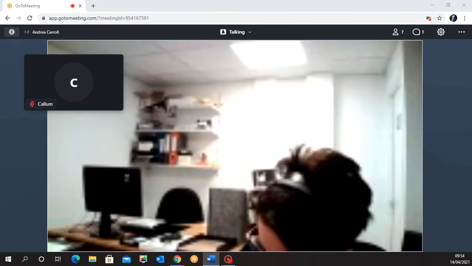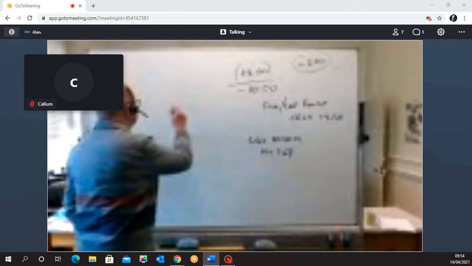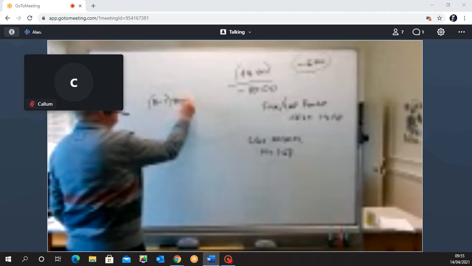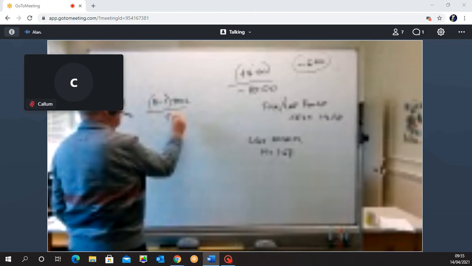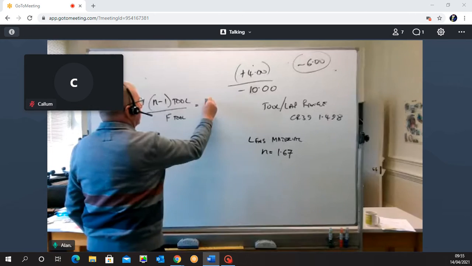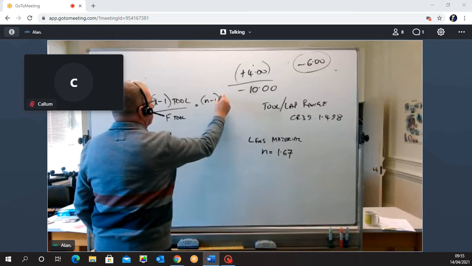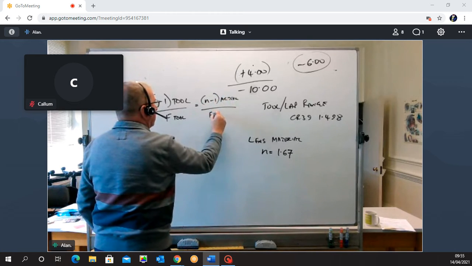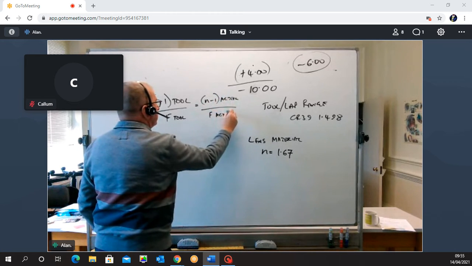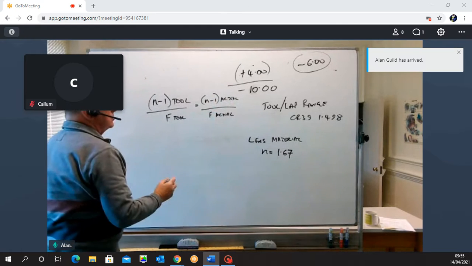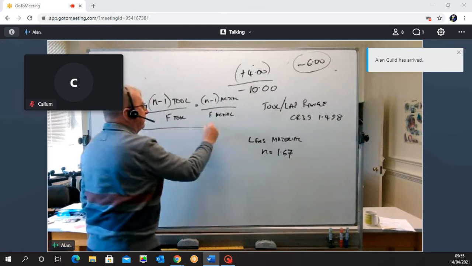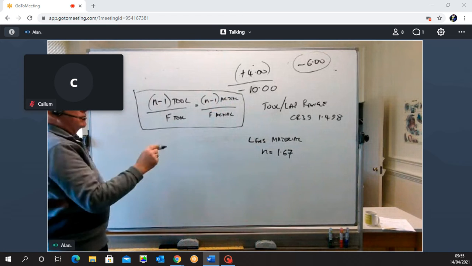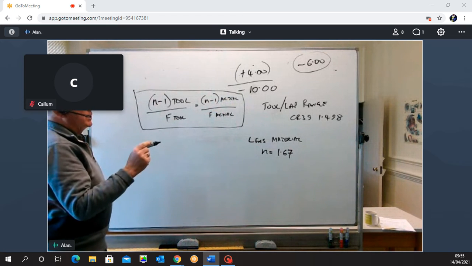So the equation you use is the one I said earlier: n minus 1 of the tool over F of the tool is n minus 1 of the actual material over F actual. They're both equal to R. You just need to go through it and ask which ones do I know?